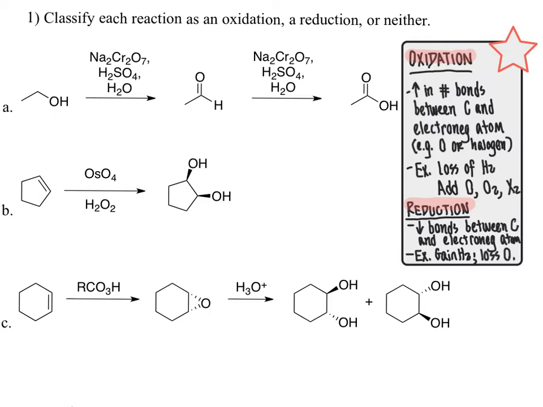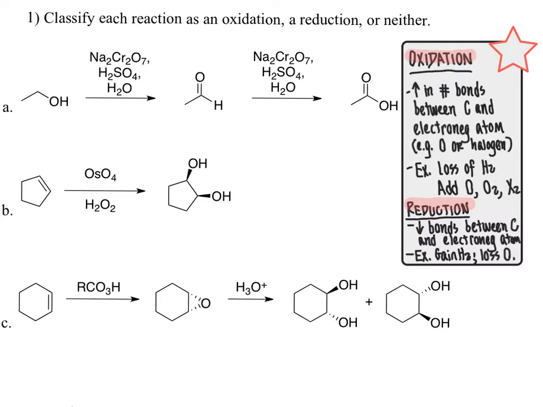First thing you need to keep in mind here, I've written your key points up in your upper right-hand corner. This is what you need to burn in your brain when you're thinking about oxidation and reduction for purposes of organic chemistry. When we think of oxidation in organic chemistry, we are referring to the oxidation of the organic molecule. That's our frame of reference.